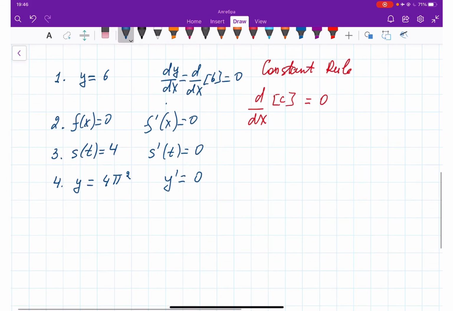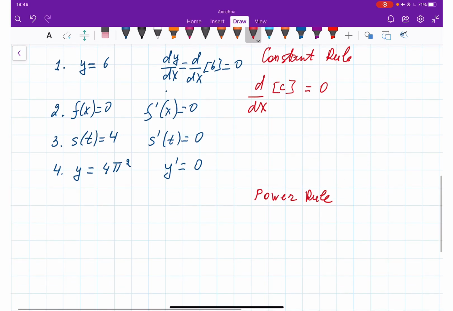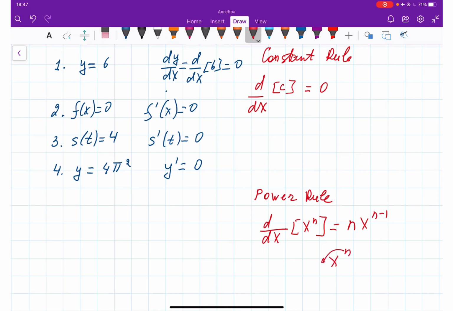Next, we are going to use the power rule. For the power rule, we take the derivative by x for x to power n, which is going to be equal n times x to power n minus 1, which means this n, x to power n, this n will come in front, and the exponent will stay less by 1.